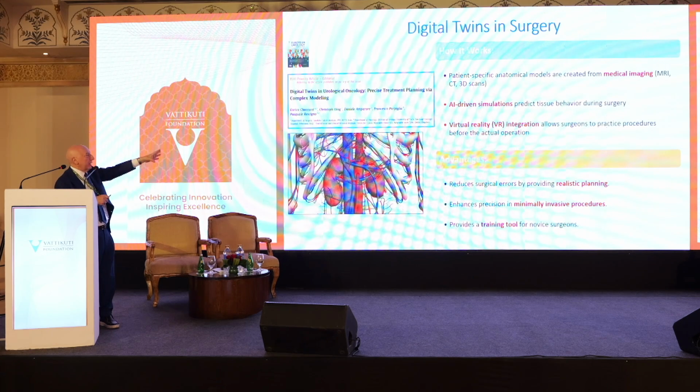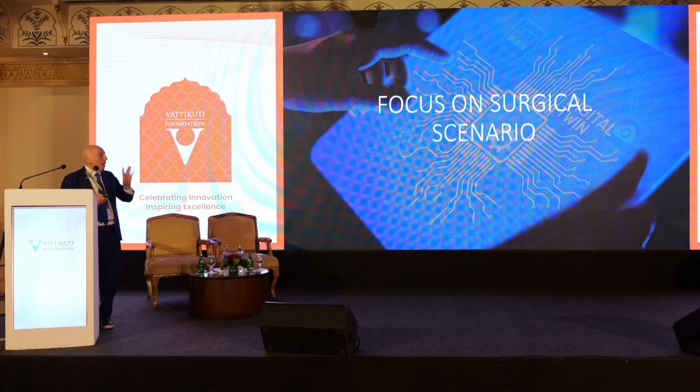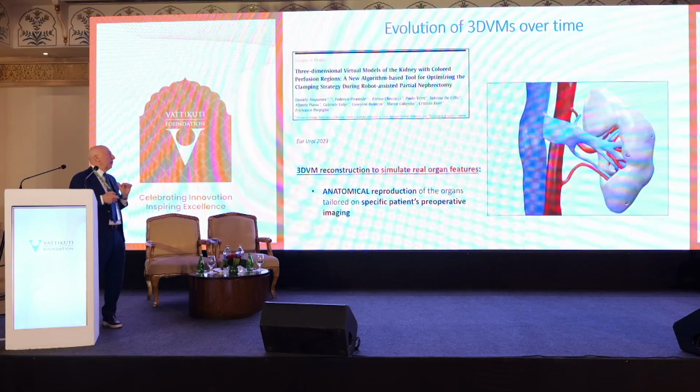And we can apply virtual reality integration, allowing the surgeon to practice the procedures before doing the operation. So the advantages are extremely important: reducing surgical errors, enhancing precision, and providing a training tool. I try to focus on the surgical scenario because we have a little bit of experience with this.